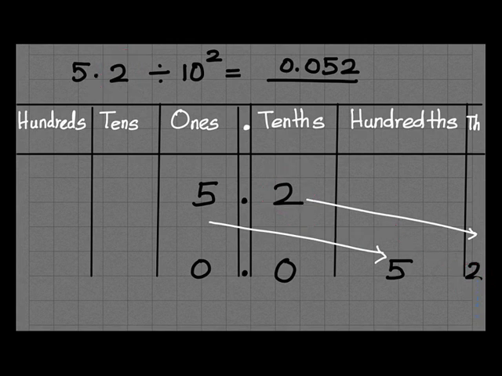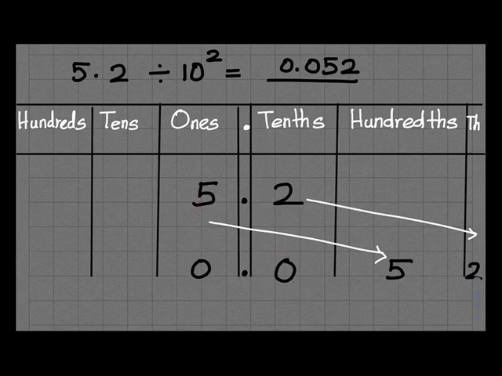Okay, so the 5 has moved 2 columns to the right and it is here. So this place becomes 0, and the 2 also has moved 2 columns to the right and it is here in the thousandths place, and this place becomes 0.